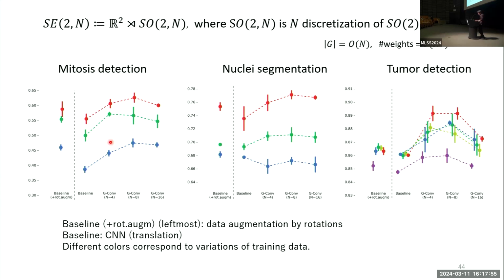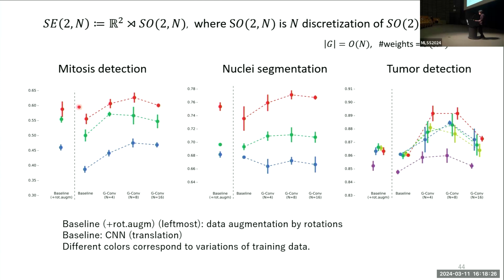And this is their detection accuracy, so the upward result is better. You can see that in comparison with the standard convolutional neural network, the rotational convolutional neural network works always better. And the different color indicates a different amount of training data. So red one uses all the data.